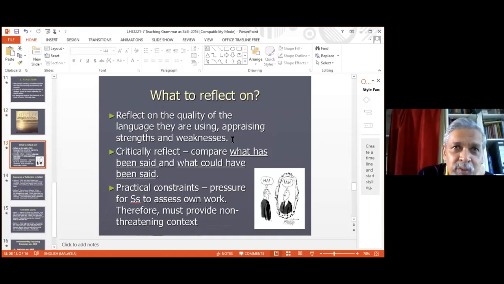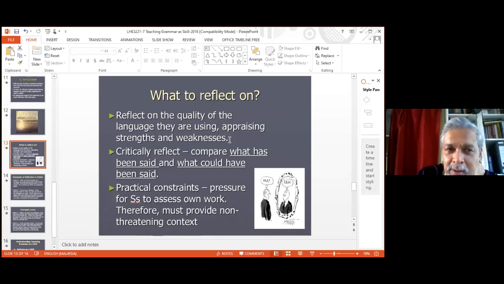So if we develop this skill or ability in language learning lessons, then there is a possibility that the students will be improving in leaps and bounds, because they reflect on the quality of their own language that they are using.